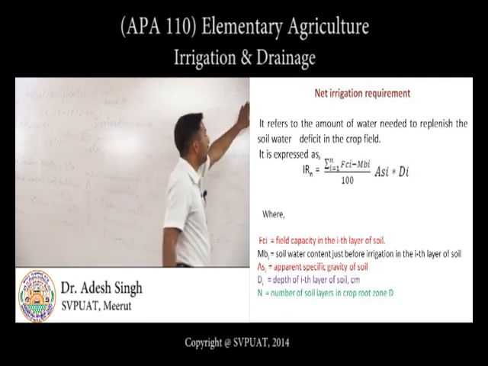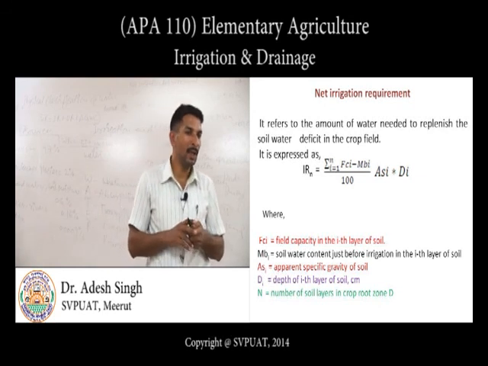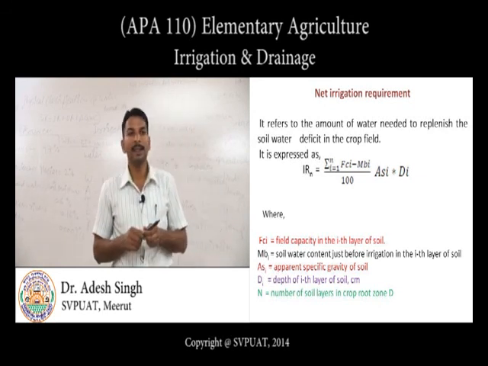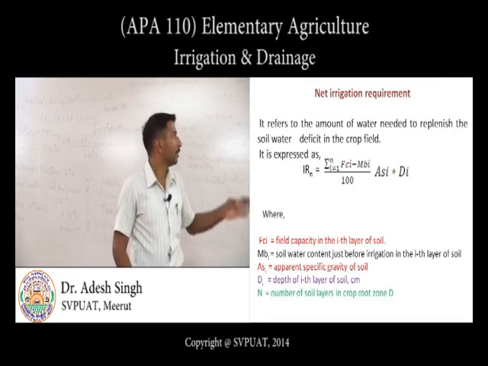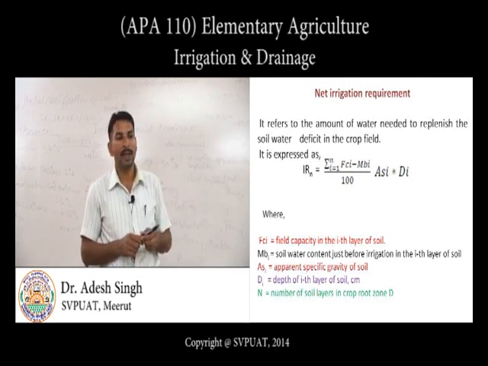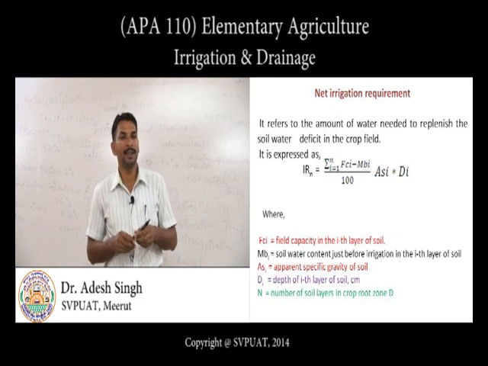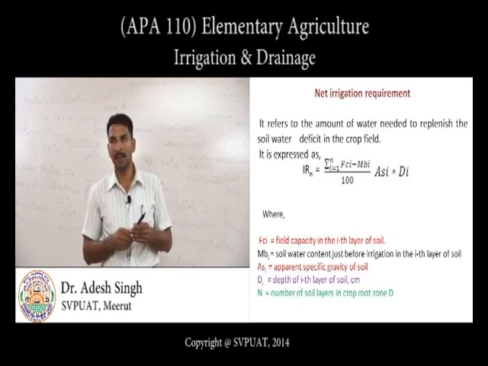So, FCi is the moisture content at field capacity in percent in the ith layer. Ith means either the first, second or third layer. The second one, MCPWPi, is the moisture content at permanent wilting point in percent in the ith layer. Then ASi is the apparent specific gravity.